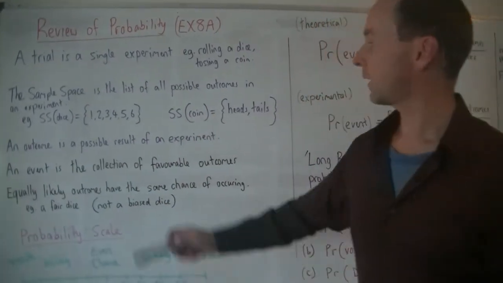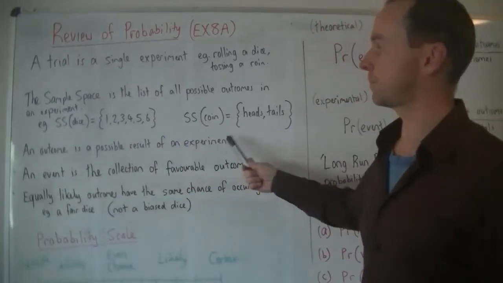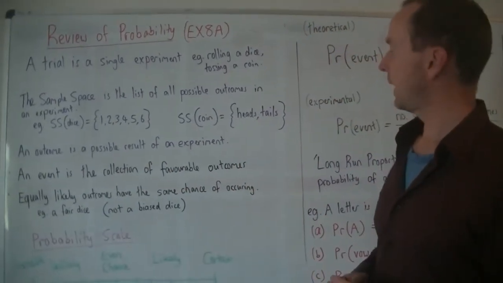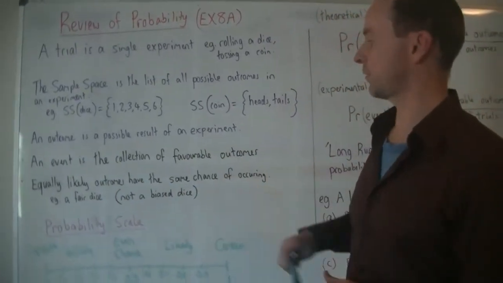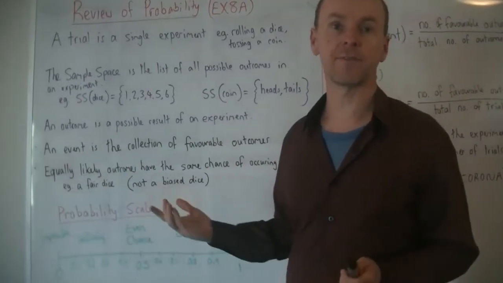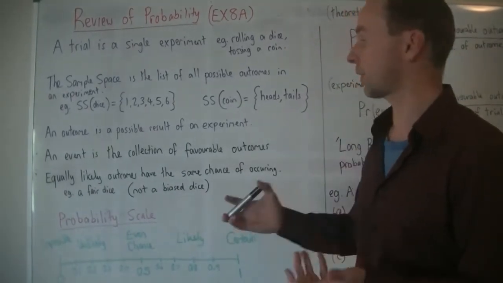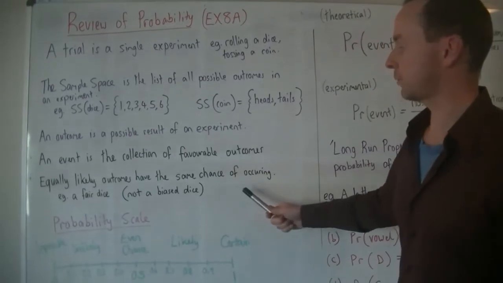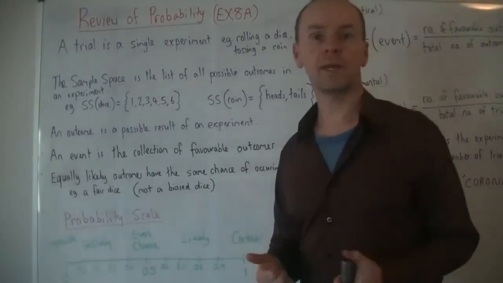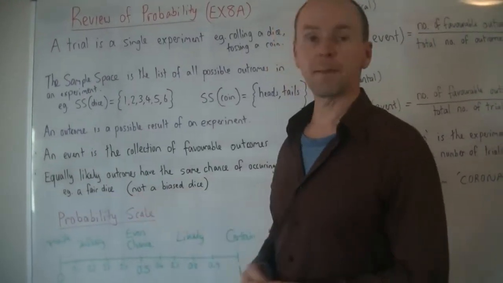Okay. An outcome is a possible result of an experiment. An event is a collection of favourable outcomes. That's like getting a 3 on a dice. That's a favourable outcome if that's what you're after, a 3. And then it says here, equally likely outcomes have the same chance of occurring. So you'll hear things like a fair dice. That means it's not biased.